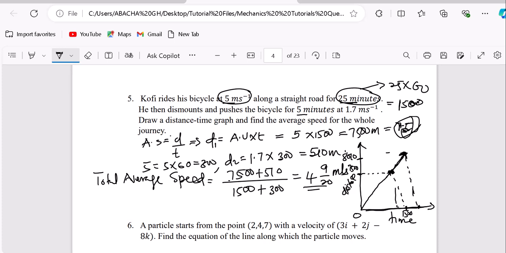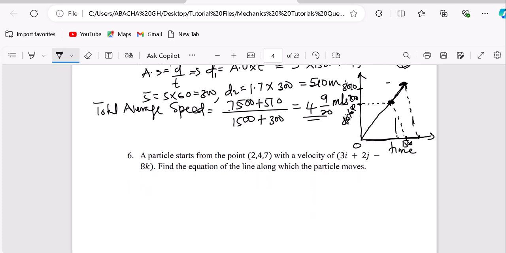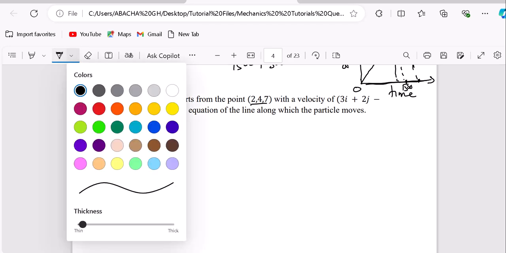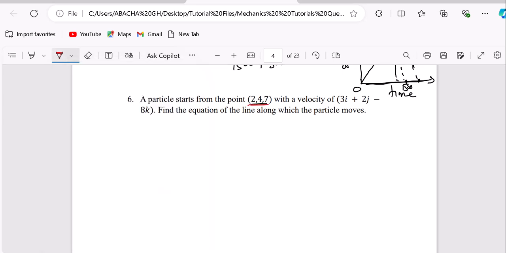That is all. Now we look at question 6, saying that a particle starts from this point with a velocity of this. We should find the equation of the line along which the particle moves. Well, r is equal to r naught plus vt.